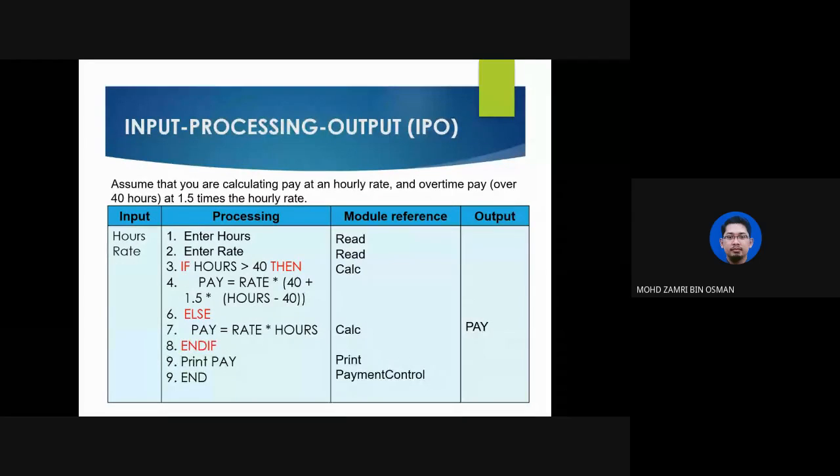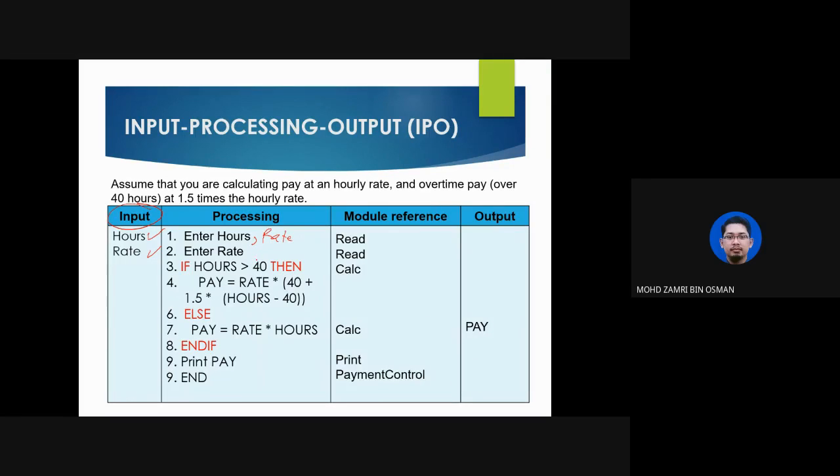And then we have the IPO here, which looks similar to what we have in the PAC, the extension of information from the PAC. We have inputs, two inputs, right? And then we have the processing. To make sure that you understand the inputs here, try to have separate lines for the inputs. Let's say enter hours and enter rate. You can also have something like enter hours and rate here, right?